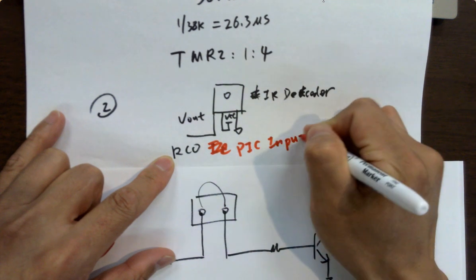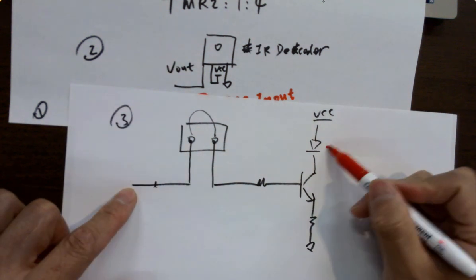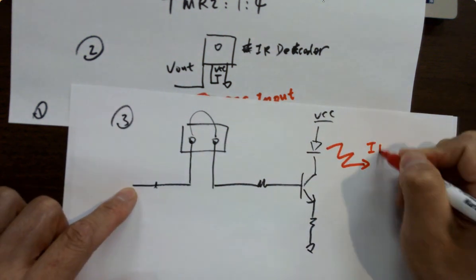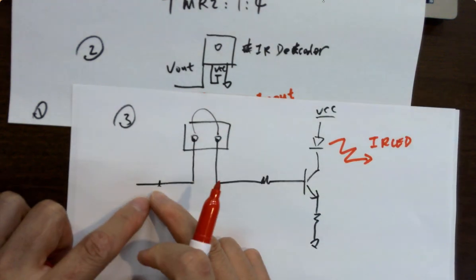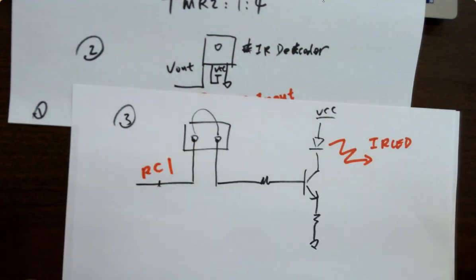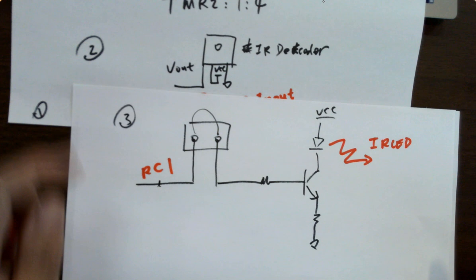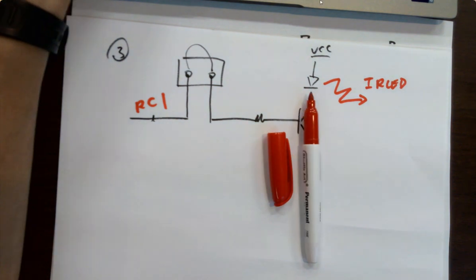What about this one? This is the emitter, the IR LED. What's the name of the pin? I don't remember. It's okay, I'll just write it down: RC1. So why RC1? Let's take a look. It connects to CCP1.